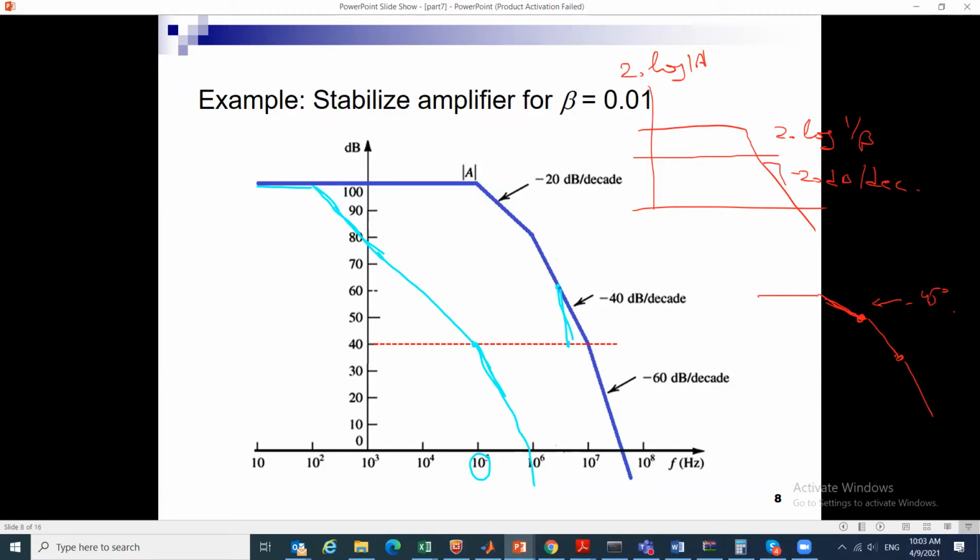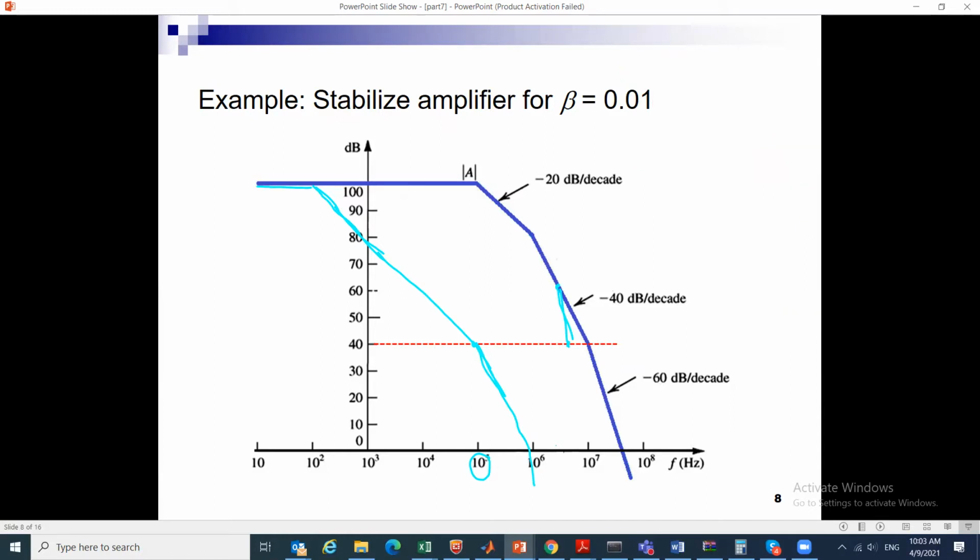So I am still safe. The intersection is still happening before omega 180. So they made it a rule of thumb that if the circuit is designed well, the phase contribution where I make the intersection would definitely be less than minus 180. If we believe this, and you will see an example that might hint to it later, then my objective is to stabilize this circuit.